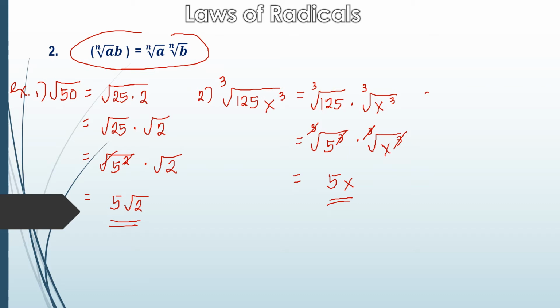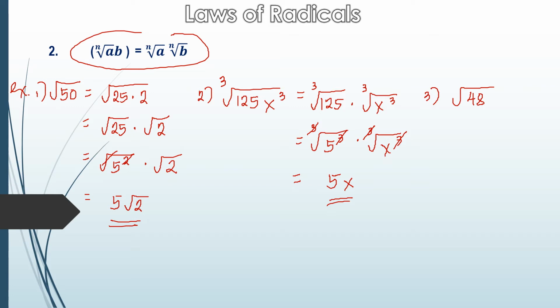Let's have another example. Let's say we have the square root of 48. So what we're going to do is we will factor the radicand. We will factor 48 such that one of the factors is a perfect square. Meaning, we can get the square root of one of the given factors.